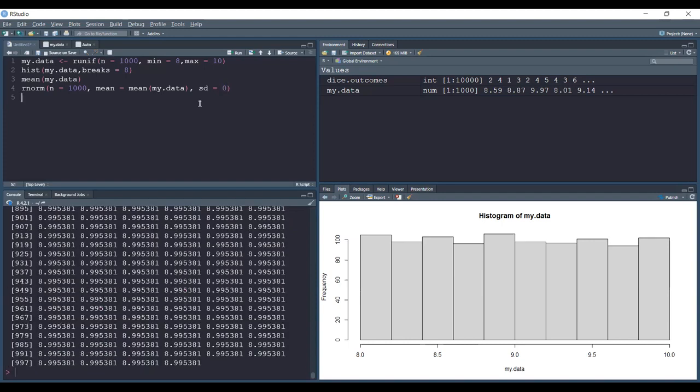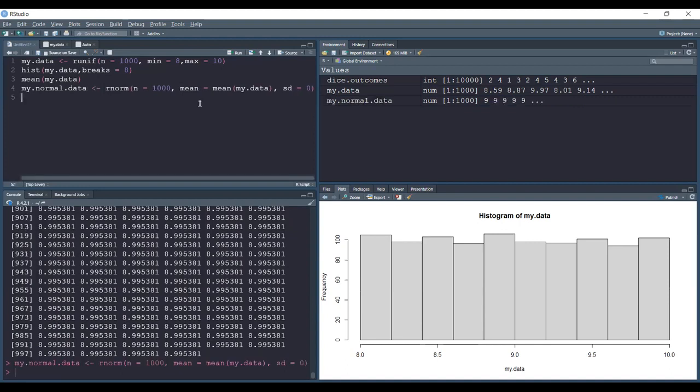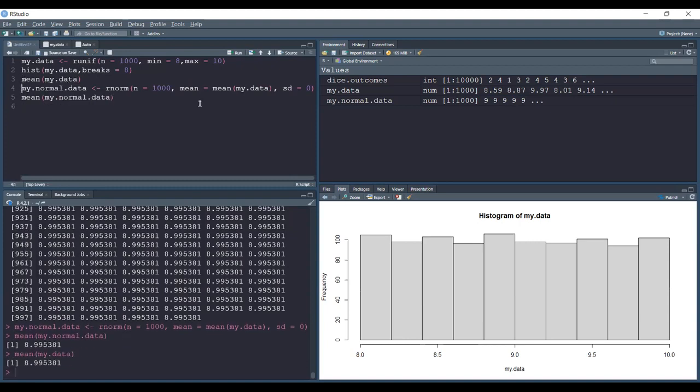So what does this do? These are all 8, each data value. Let's call this my normal data. That's going to have the same mean, right? Mean of my normal data, so look, same mean, both of them.